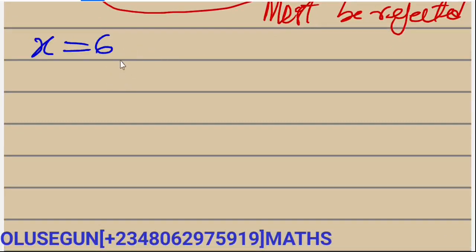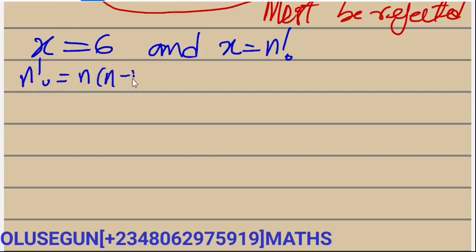And if x is equal to 6 and x is equal to n factorial, what is the meaning of n factorial? For example, we have to consider if n factorial becomes 6. Let me show you the formula for factorial. n factorial is n times n minus 1 times n minus 2, and so on.